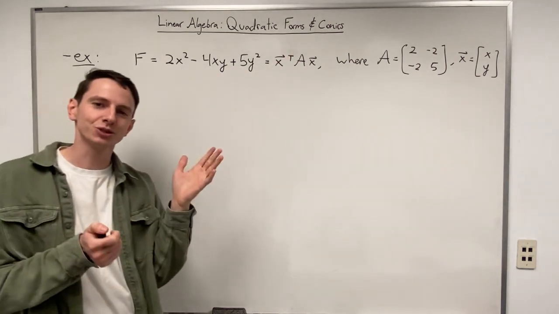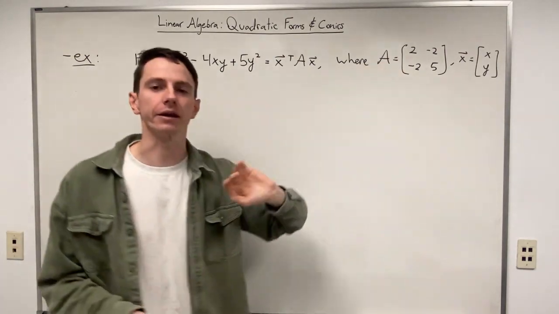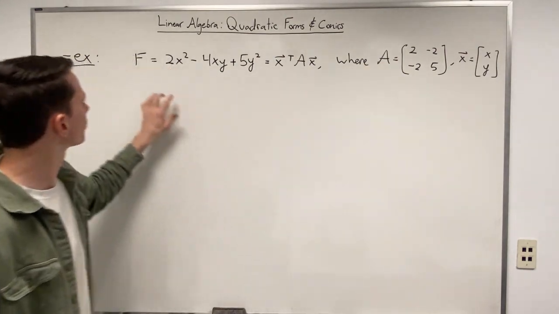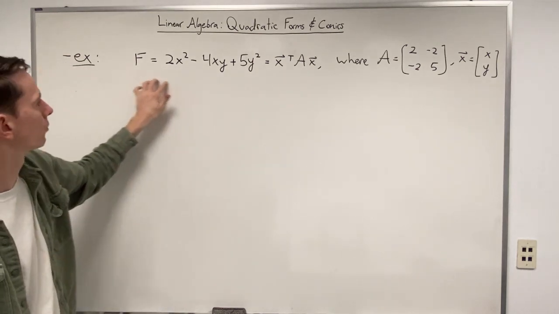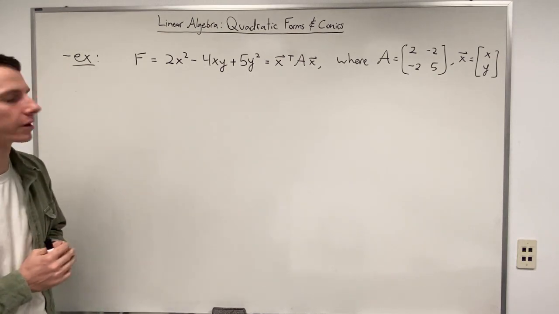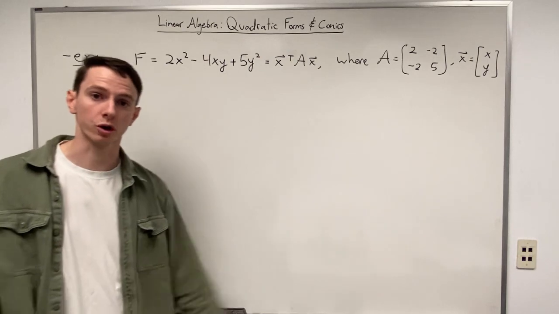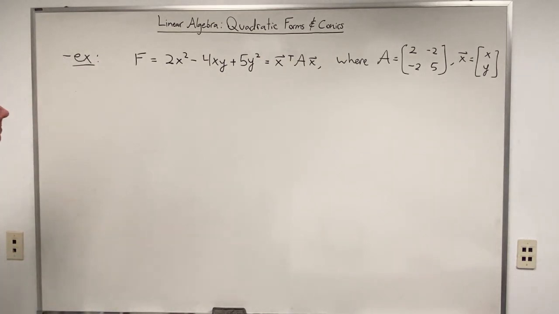What I want to actually do is to show that when we diagonalize A, we're able to rewrite this general quadratic form in a quote-unquote cleaner form, a form that's more convenient and often more desirable to work with in actual applications.